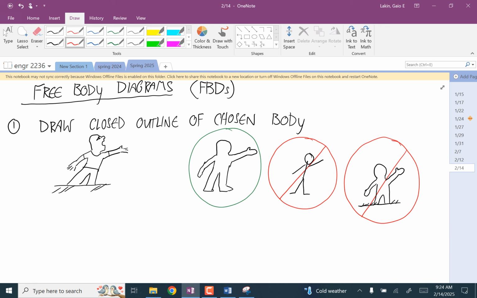Are we having to deal with the forces on that? We don't want any confusion about what's in and what's out, okay? So this should have no internal details, and no outside objects.